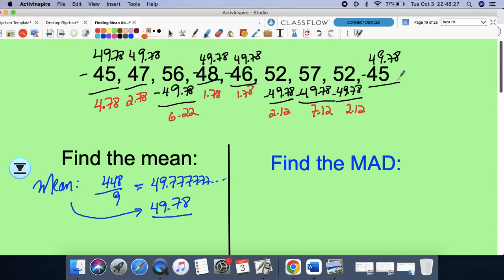And this is going to be 4.78. This is actually wrong. I don't know what I was thinking. This is 5.78.